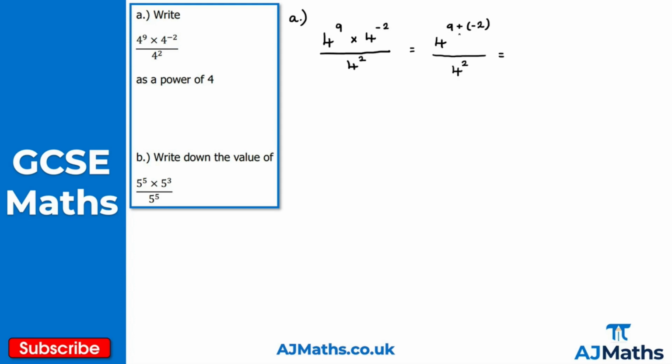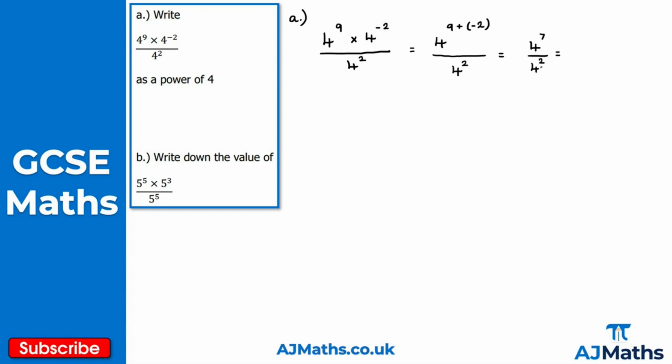So now we need to deal with this power. 9 plus minus 2 is just the same as 9 minus 2. In that case, we're going to get 4 to the power of 7, and that's all over 4 to the power of 2, or 4 squared. So what we need to do now is simplify this expression.